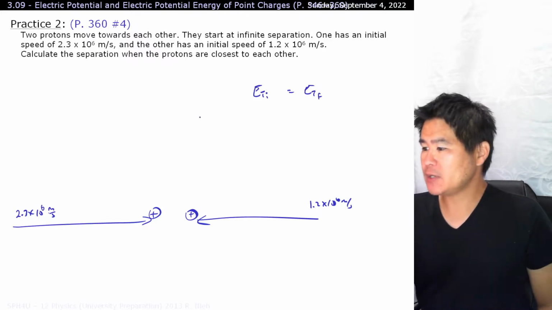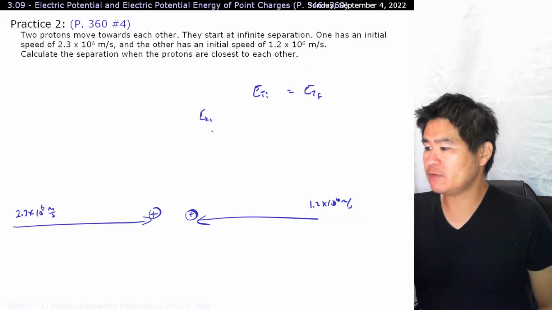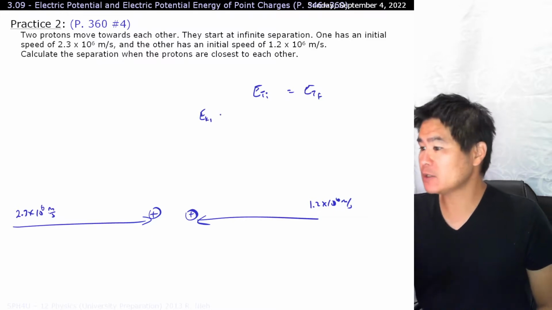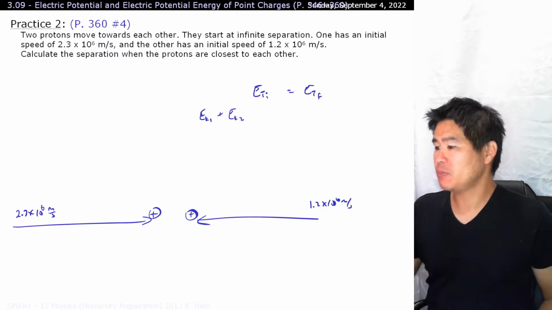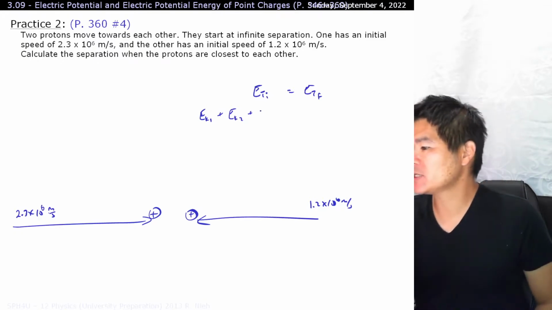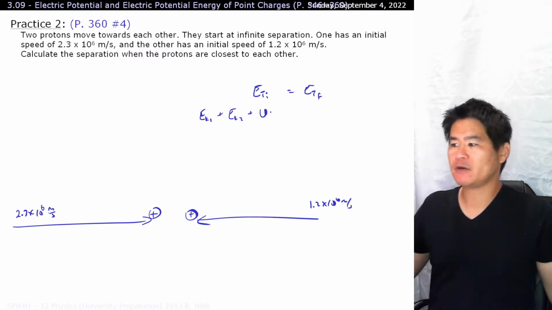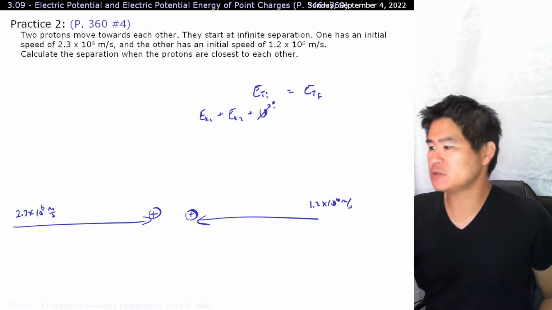How much energy do we have at the beginning? It's equal to EK of object 1 as it's moving, plus EK of object 2 as it's moving towards each other, plus the U, but because it's infinitely far apart, that goes to 0.